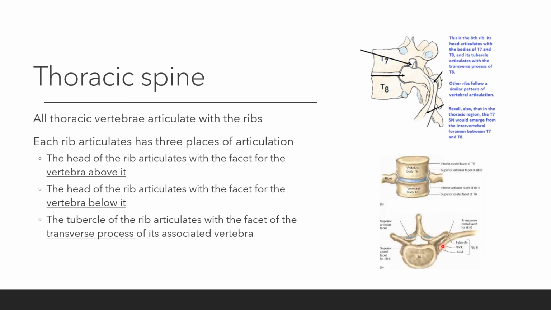You've got the head of the rib articulating with the facet of this vertebra here, and the facet of this transverse process here. And here, again, the rib articulates with the vertebra above it and below it. So I think these pictures get the point across nicely.